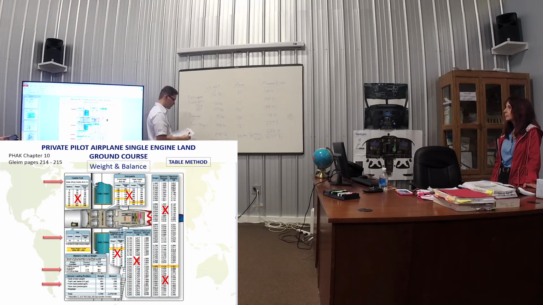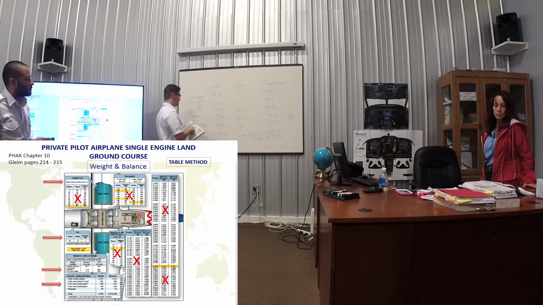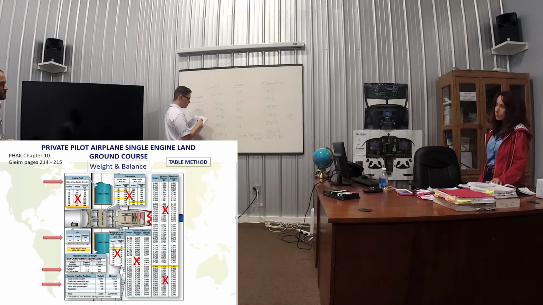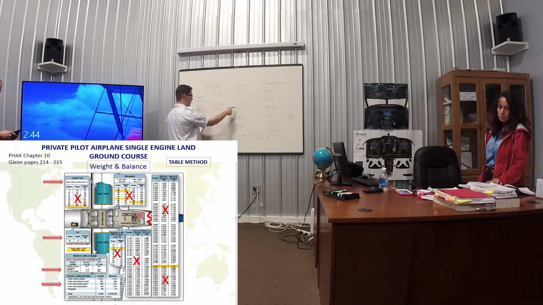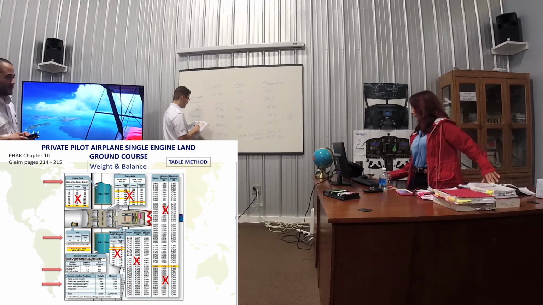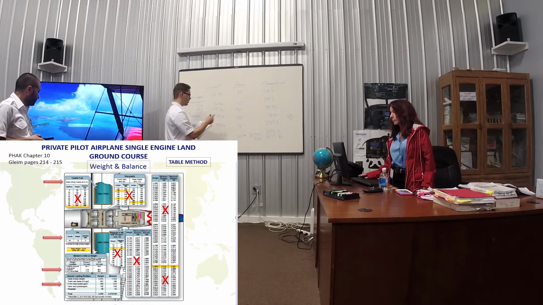We found the arms over in figure 67. The fuel arm is right here, 75 inches, occupant front seat 85, rear seat forward 111, and then back seat 136, baggage, the arm is 50.